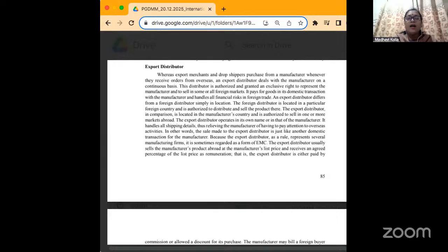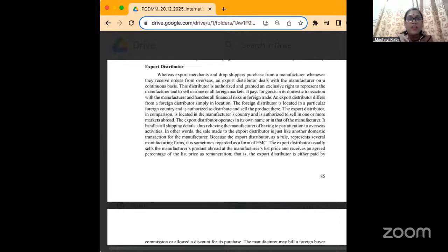So they pay for the goods in the domestic transaction with the manufacturer. They handle all financial risks in a foreign trade or foreign market. So an export distributor differs from a foreign distributor simply in terms of location. So the foreign distributor, where are they located? They are located in a foreign country and they're authorized to distribute and sell the products there.